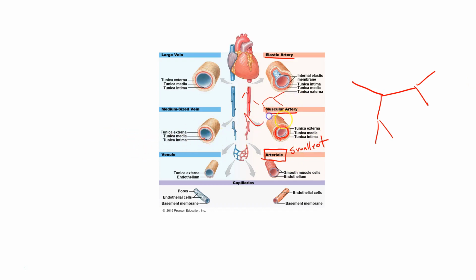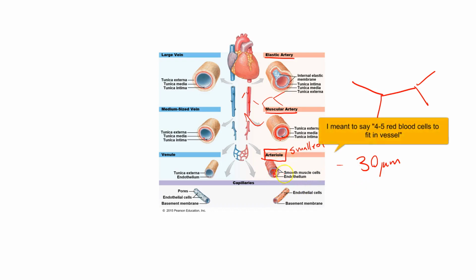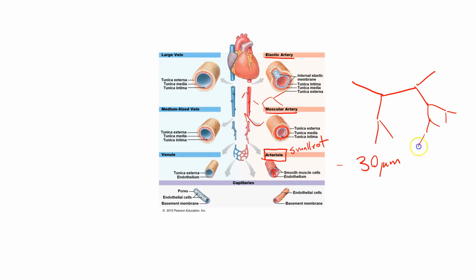Just to give you some sense of the scale, an average red blood cell is between 6 and 8 micrometers, so these vessels are big enough to allow maybe 4 or 5 red blood cells to fit at one time through a cross section of the vessel. There'll be arterioles, and then the arterioles will branch, and they'll continue branching, and then eventually we'll arrive at what are called terminal arterioles.